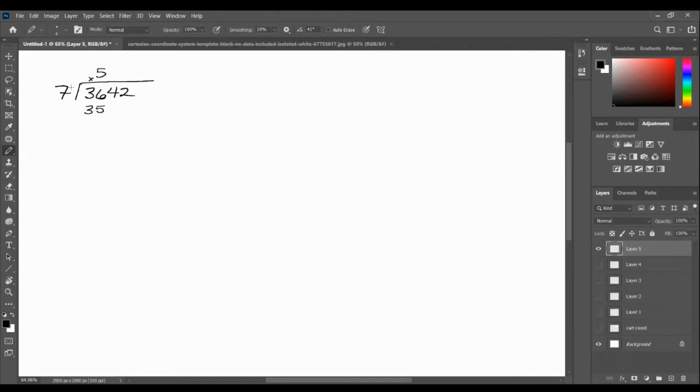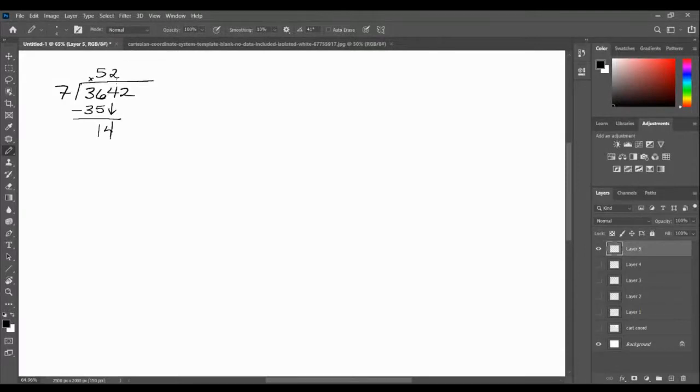So we first divided 7 into 36, gave us our whole number. We're ignoring the remainder right now. And then you multiply 5 by 7. And then we would subtract. 36 minus 35 is 1. We would bring down the 4. How many times does 7 go into 14?